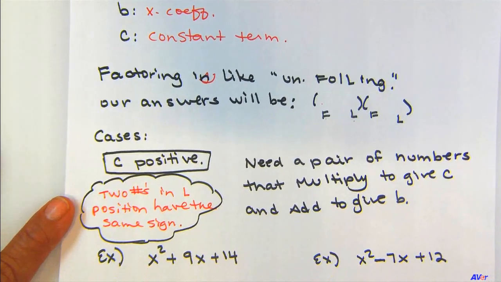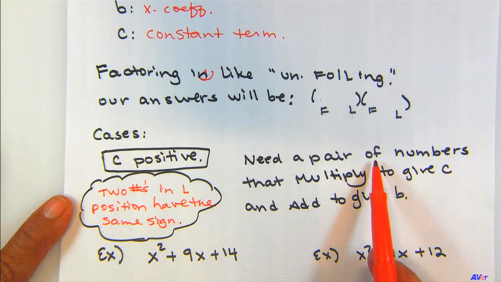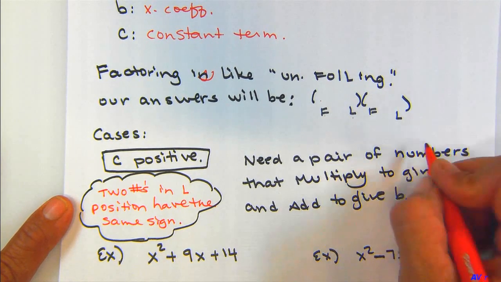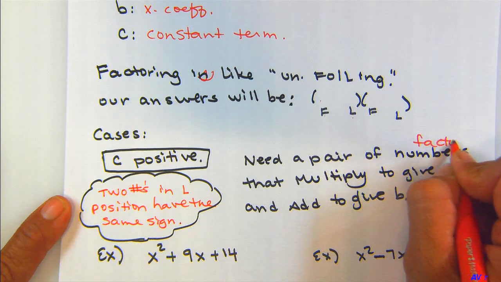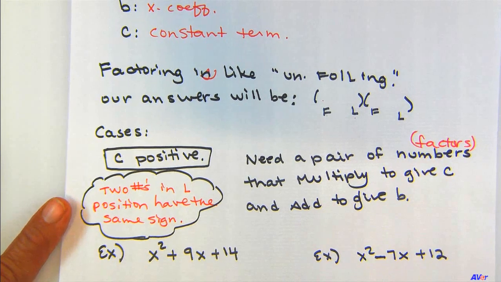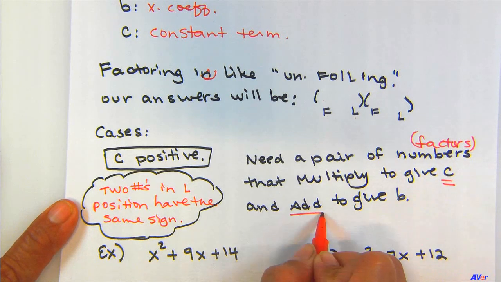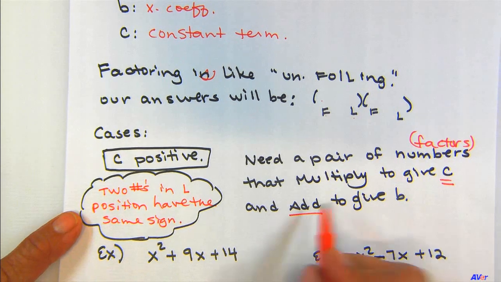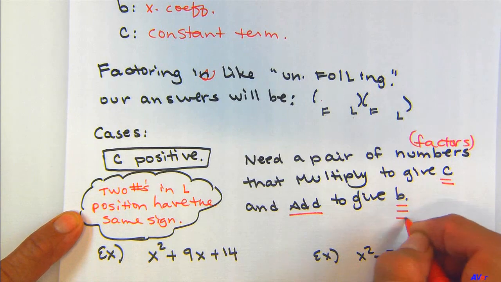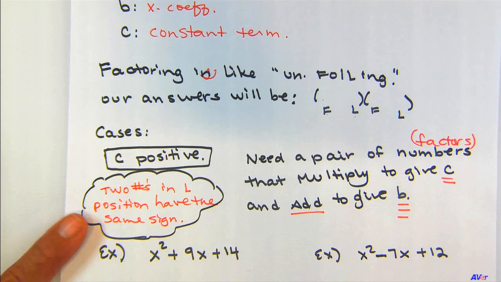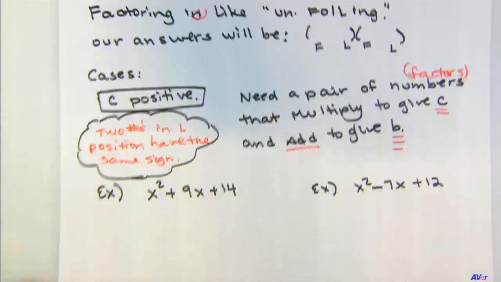So what we will be looking for is a pair of numbers, a pair of factors that multiply to give C and add, because they're going to have the same sign, add to give B. Okay. So here's our first example.